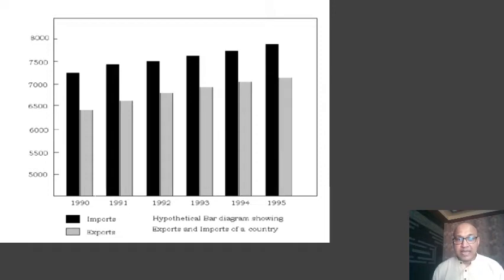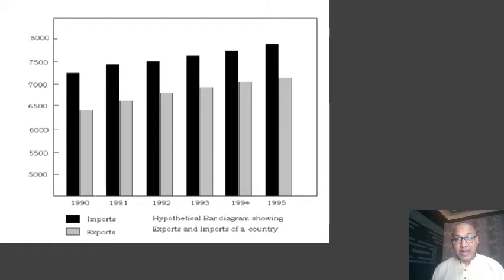For each of these types, we have grouped bar diagram, subdivided bar diagram, paired bar diagram, etc. Grouped bar diagrams are used to show the comparison of two or more sets of related statistical data, while subdivided or component bar diagrams are used for comparing the size of different component parts among themselves.